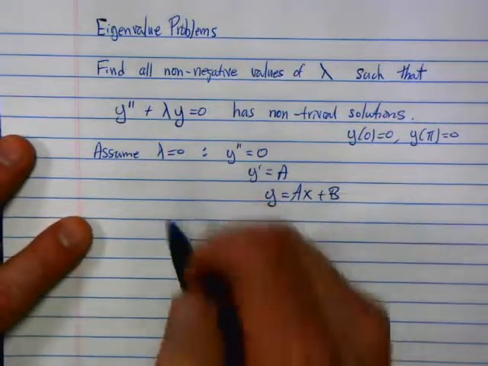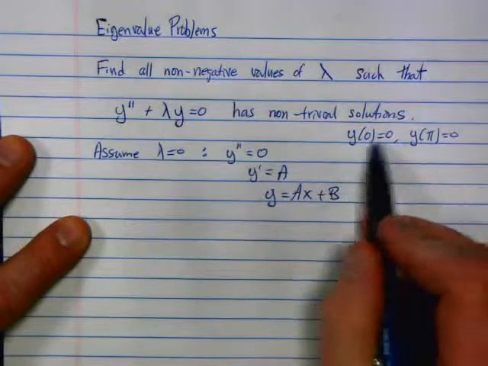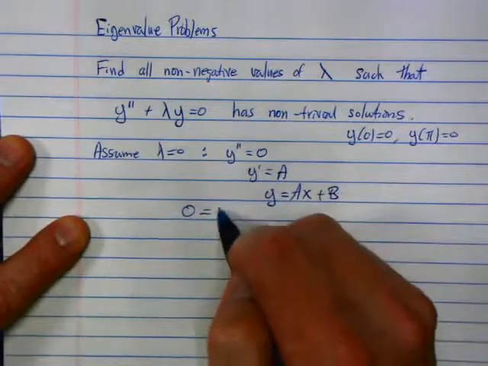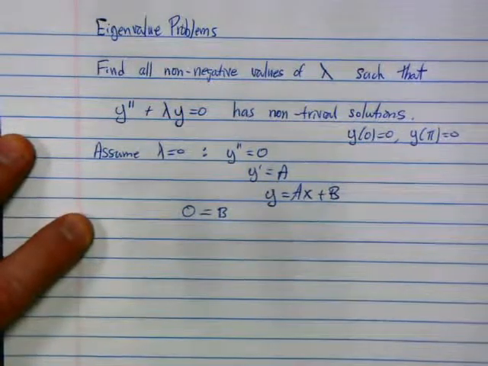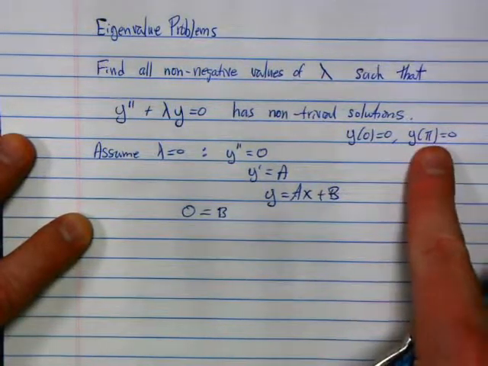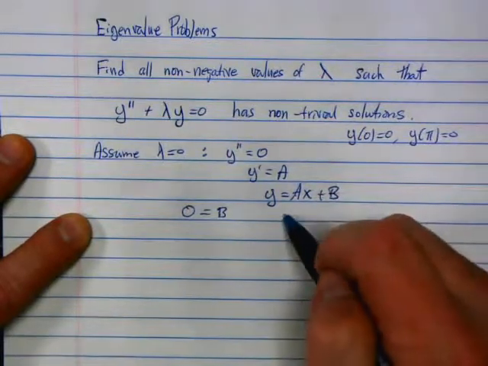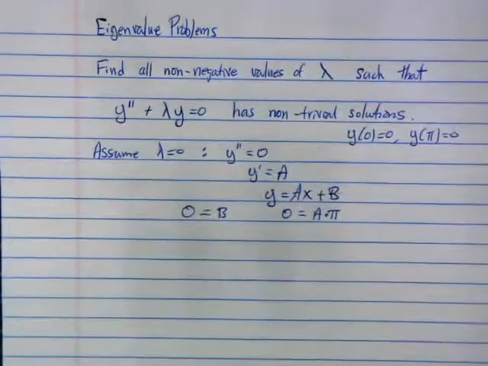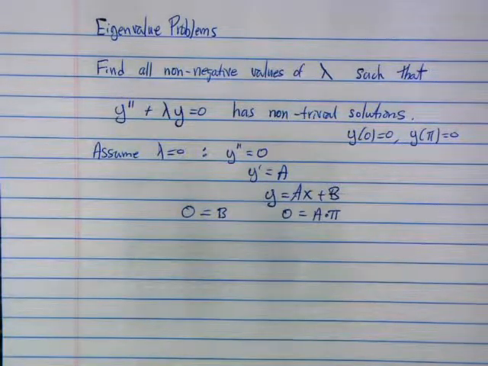Using y at 0 equals 0, I have 0 equals a times 0 plus b, which means b has to be the number 0. And then I plug in the second initial condition. I would have 0 equals a times pi plus b, but we already know b is 0. So a has to be 0.